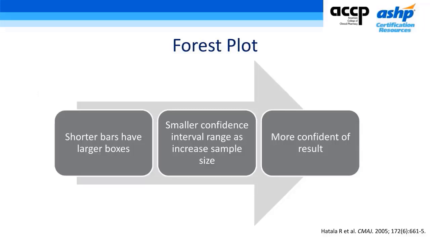Shorter bars have larger boxes, which was represented in the third bar and box example in the previous slide. Smaller confidence interval range increases sample size, and then you could be more confident with the results of that analysis.